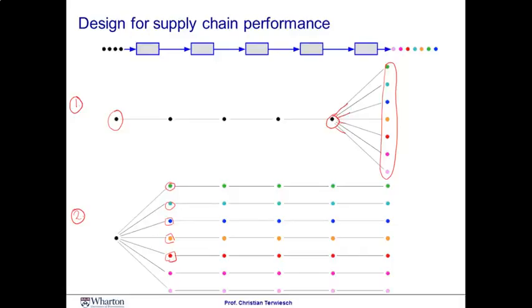Most of us would intuitively prefer the first option. We see a form of scale economies in the process because here, look at the first step. Everything I'm producing is standardized to one variant, whereas here it is spread over multiple different units of demand.